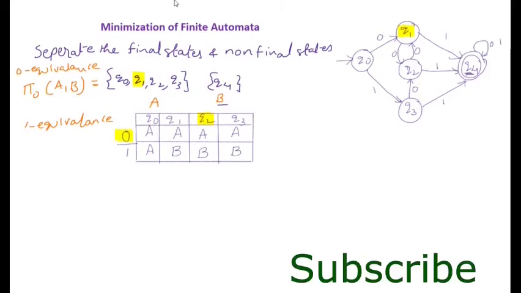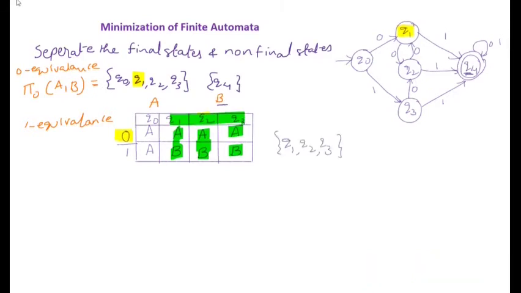Now from this 1 equivalence table, observe the values column wise. The Q1 column has a pattern AB, Q2 also has AB and Q3 also has AB. That means Q1, Q2, Q3 can be combined together.